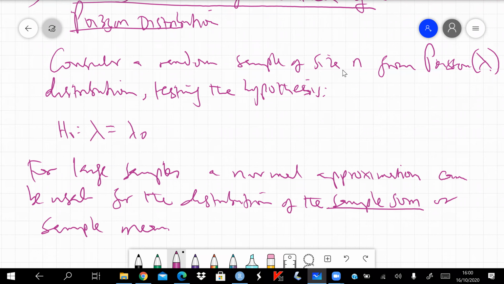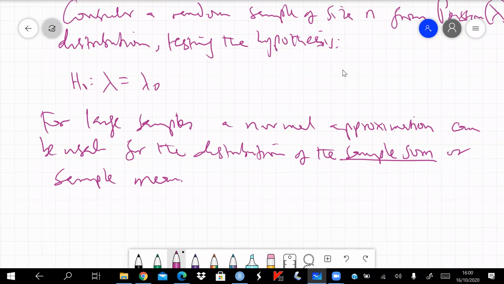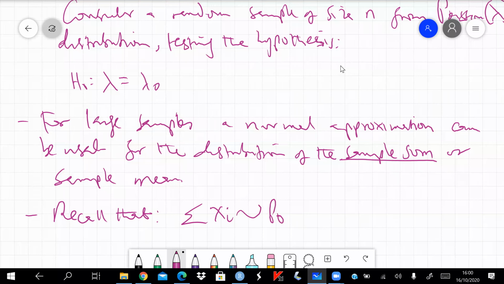We need to remind ourselves something here. Recall that if you take the summation of xi, this one has a Poisson distribution with mean equal to n lambda, which is approximately a normal distribution where mean is equal to n lambda and variance is n lambda.